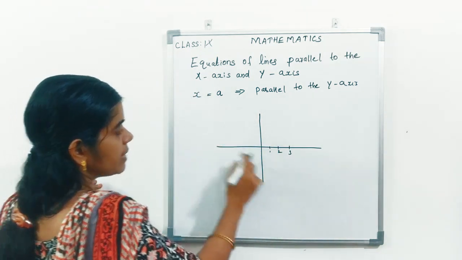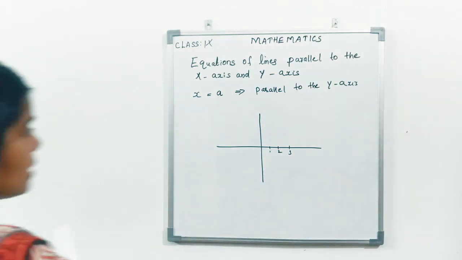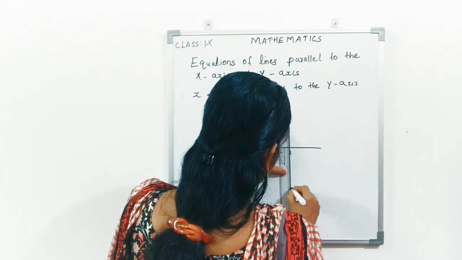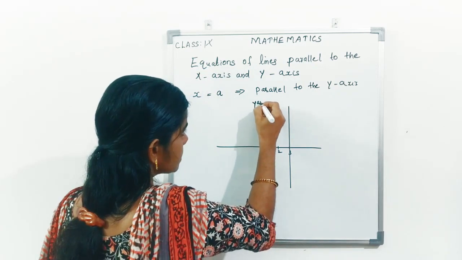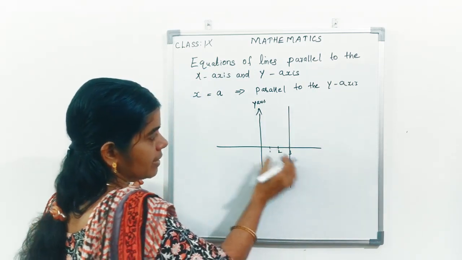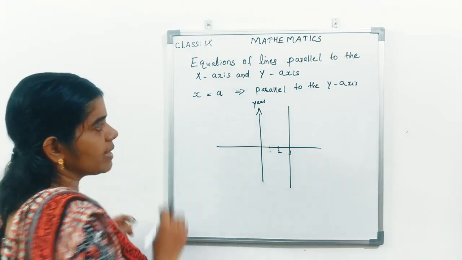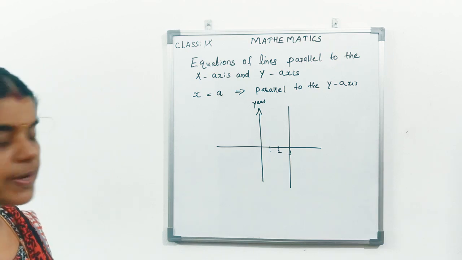Instead of x is equal to a, I am taking x is equal to 3. Then I am drawing the line along x is equal to 3. This is our y-axis. Therefore, x is equal to 3 is parallel to the y-axis. Generally, we can say that x is equal to a, any number, will be parallel to the y-axis.